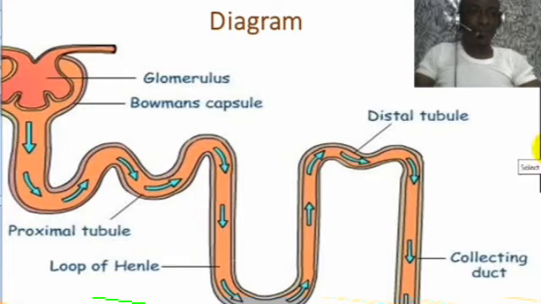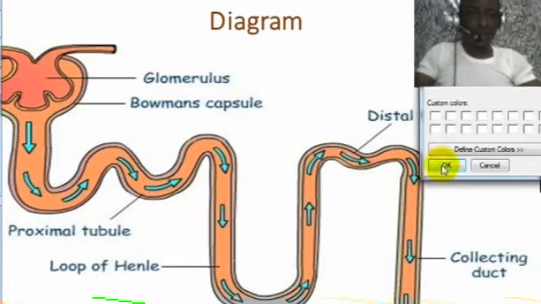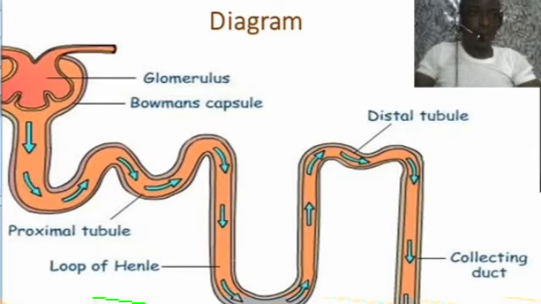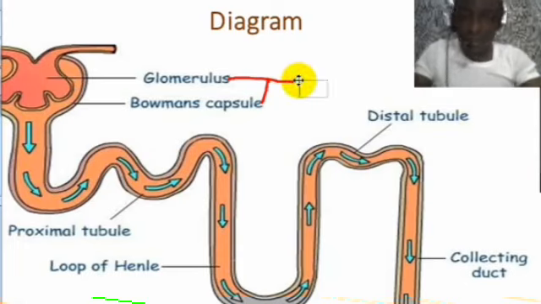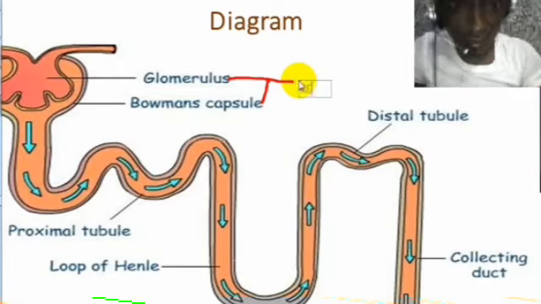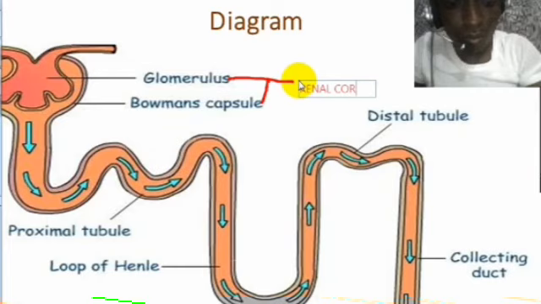I just want to label this for purposes of clarity. These two structures form the renal corpuscle.